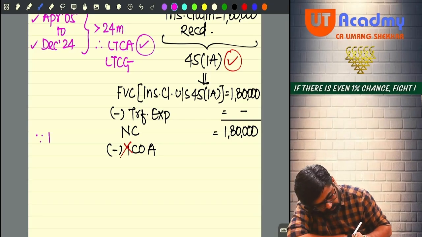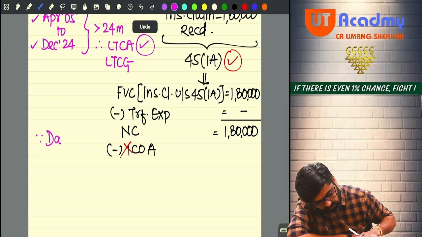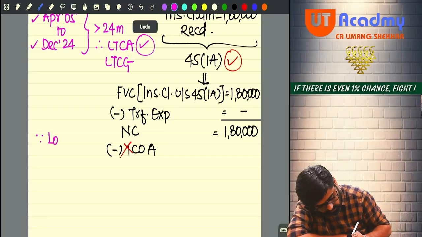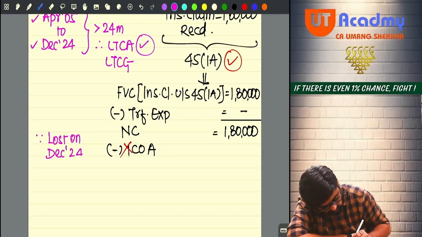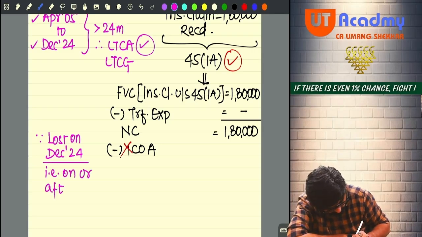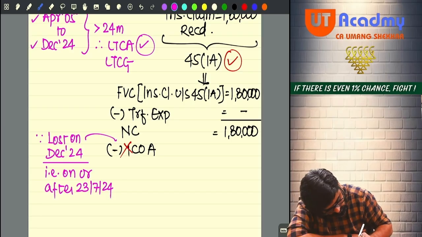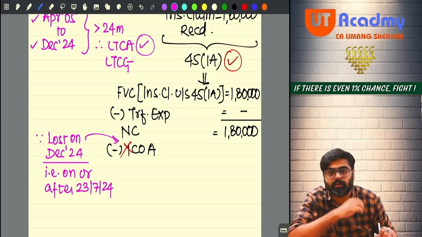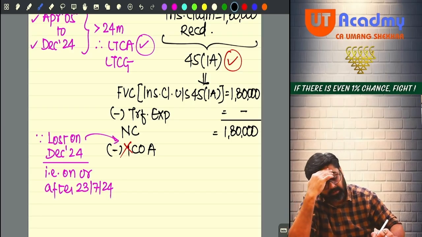Since damage, since lost on December 24, that is on or after 23rd July 24. So that is the reason why we are not taking indexation. Yes or no?